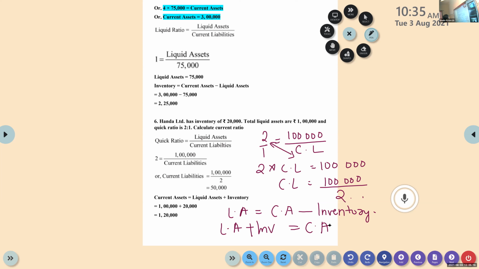Now find out what is current ratio. Current ratio is equal to current asset divided by current liability. Please find out what is current ratio. Tell me the answer.